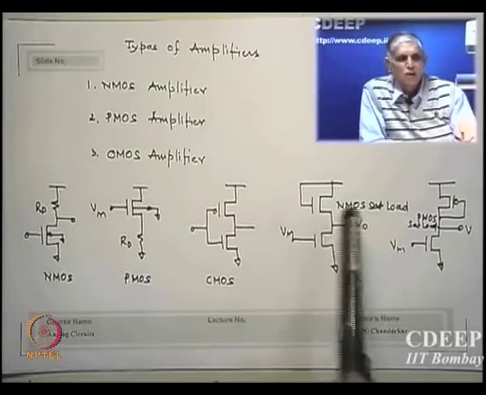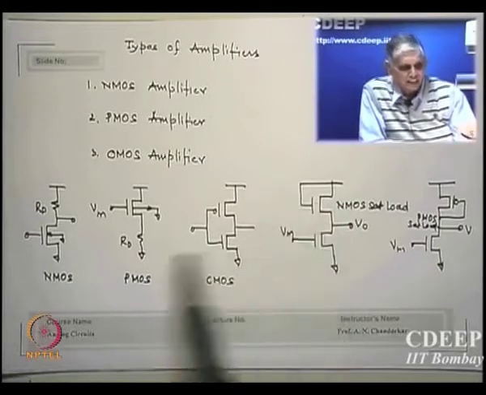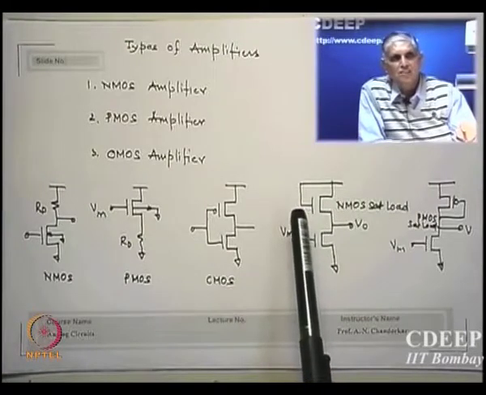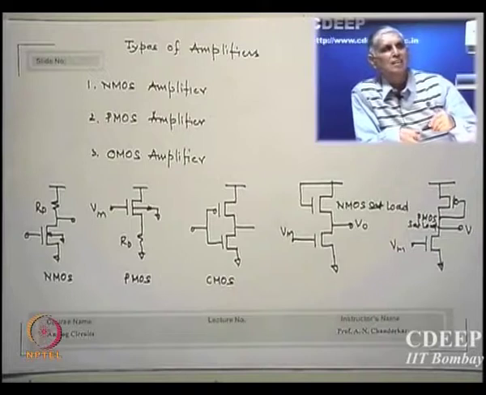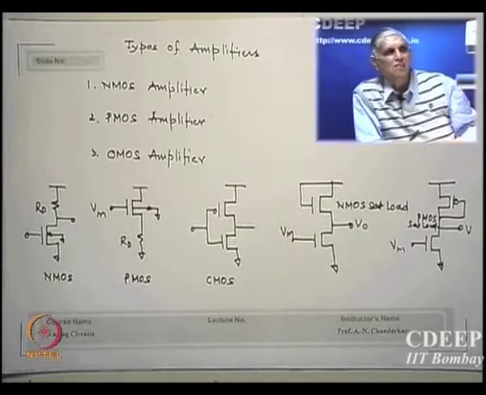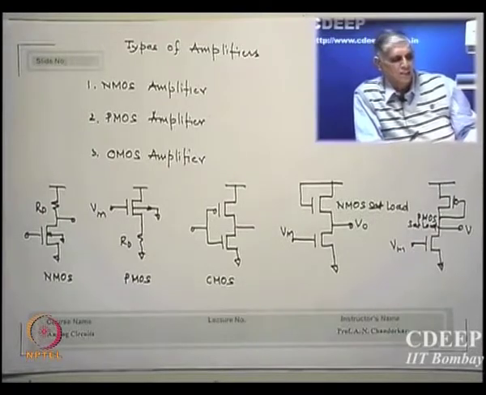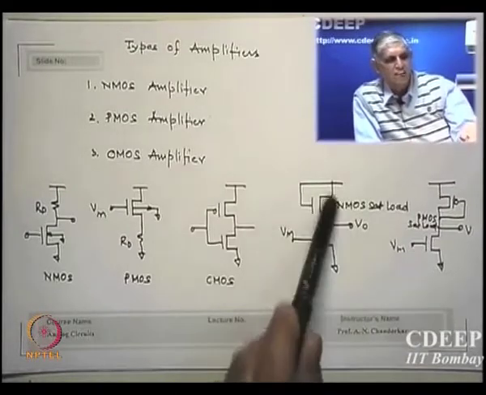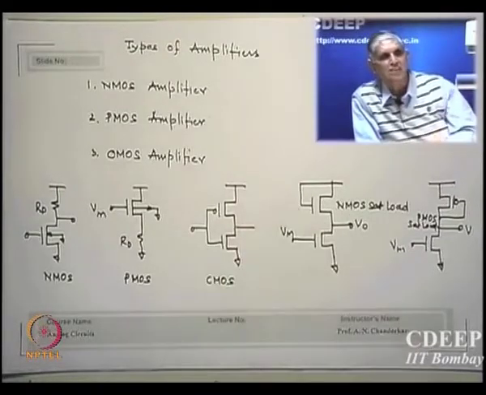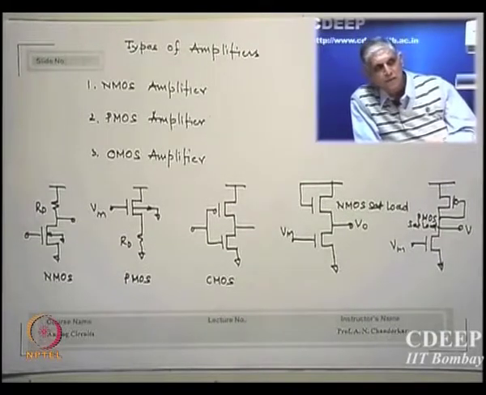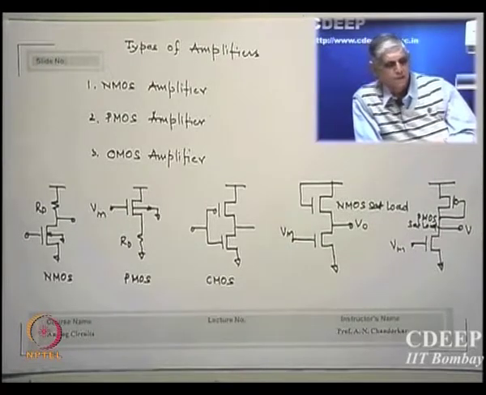This transistor is always in saturation, and a saturation transistor has high resistance because the characteristics are very flat; R0 is roughly its resistance. By changing the W by L of this transistor, I can change its resistance. So the resistance of the load is varied by changing the size of the load transistor.